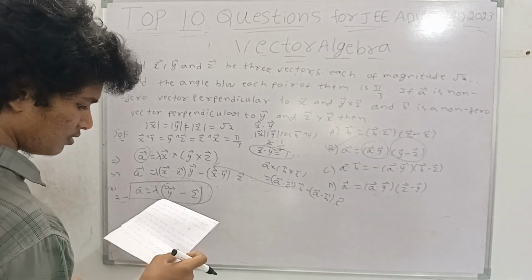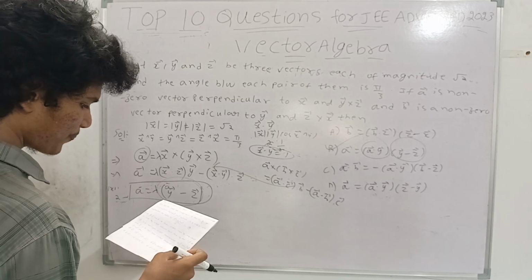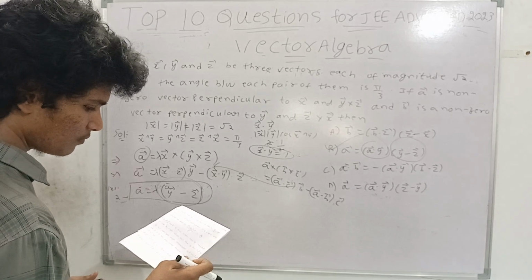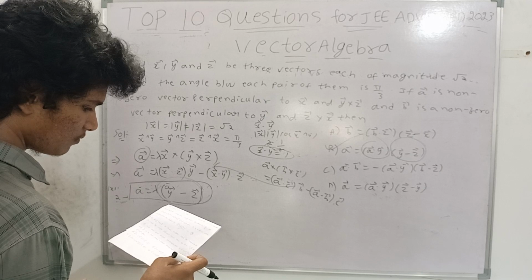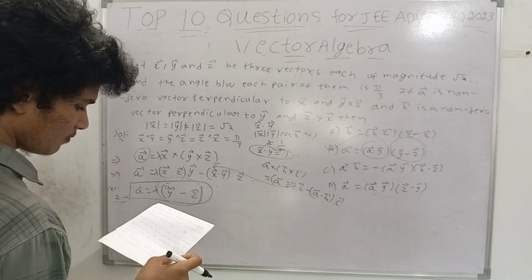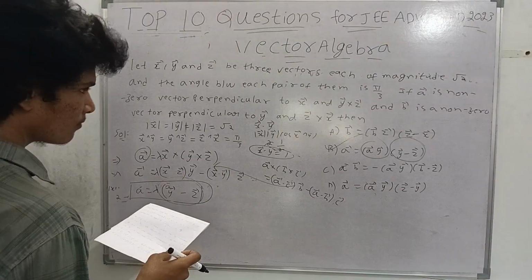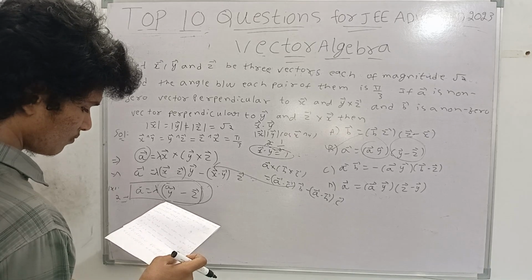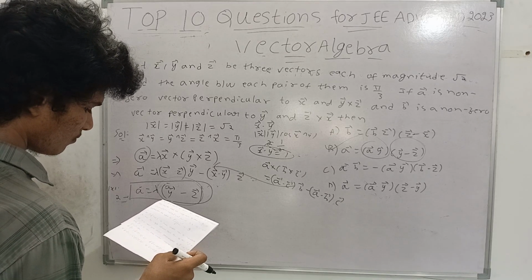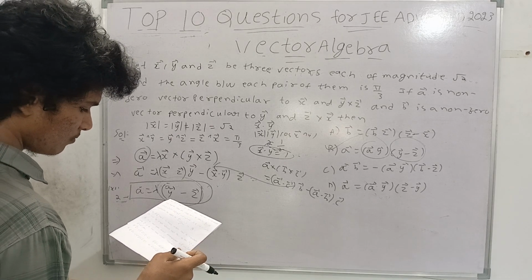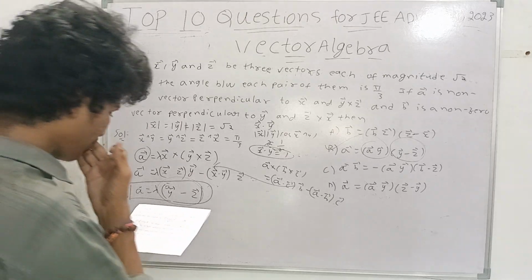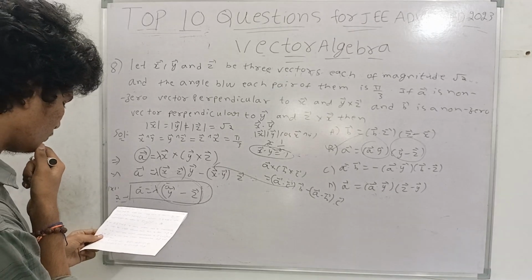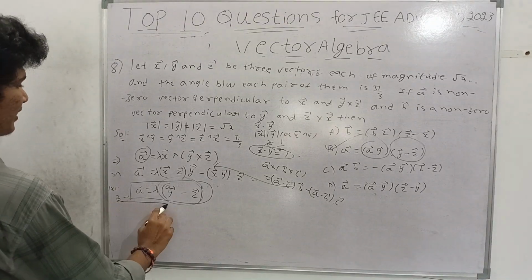So a dot, what can we do? And this first part is completed, that is the a vector.